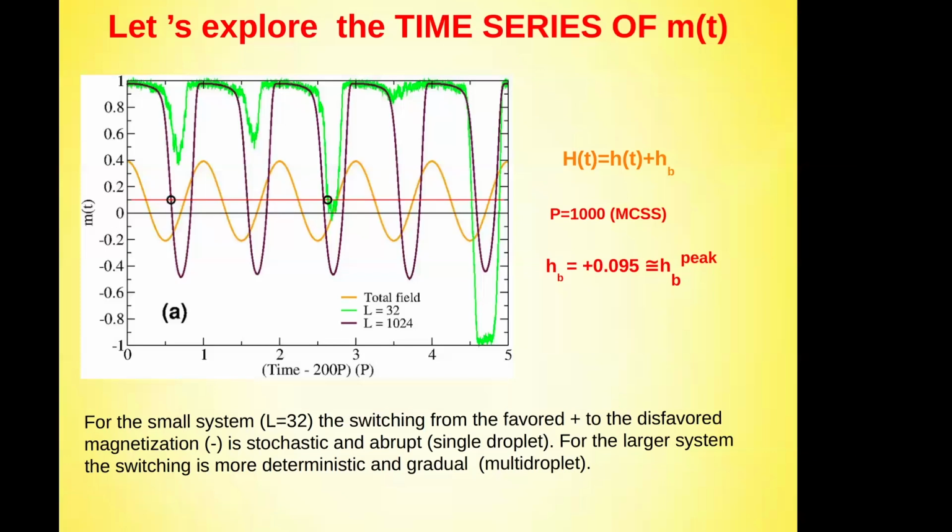But here we see that the small system behaves very randomly. Sometimes it switches. When they switch, a large amount, most of them can switch, but most of the time they cannot even switch. And look what happened with the large system. With the large system, the behavior is completely different.